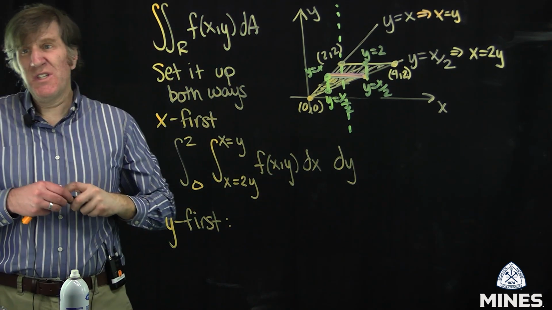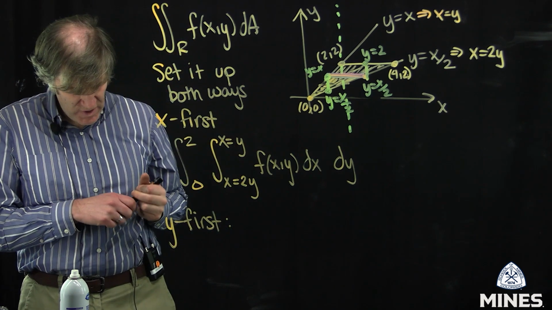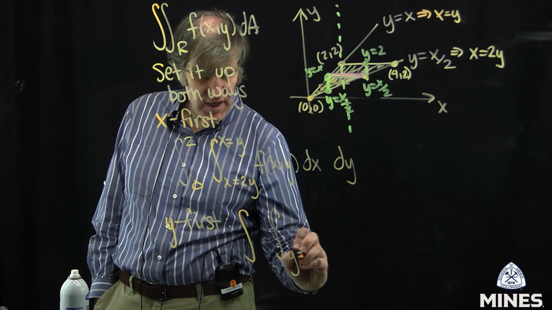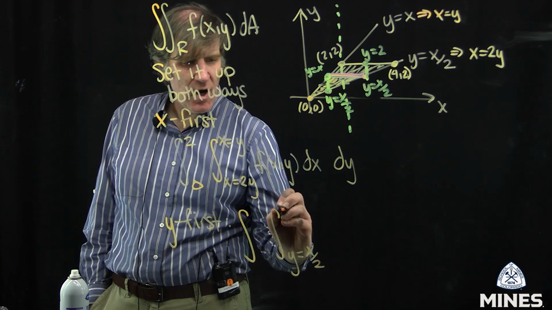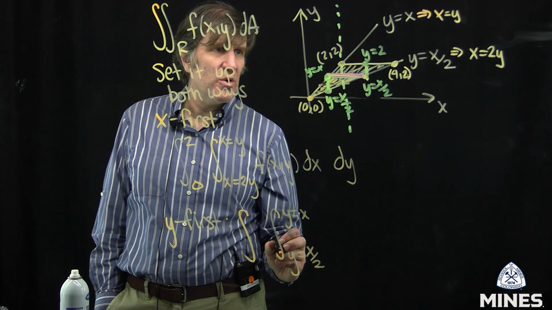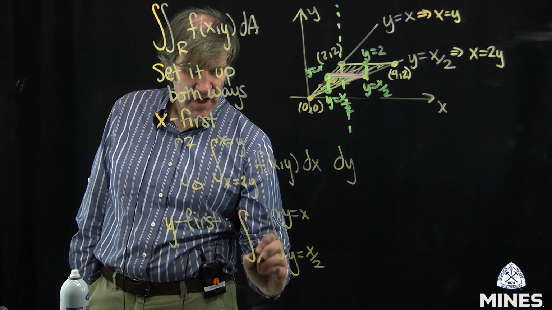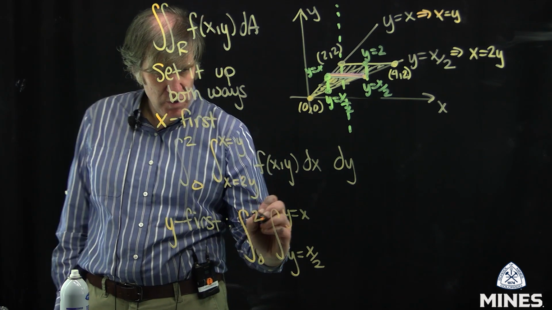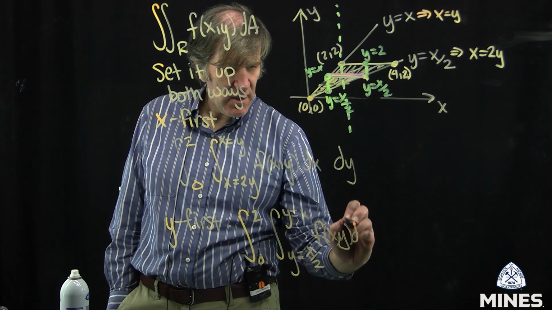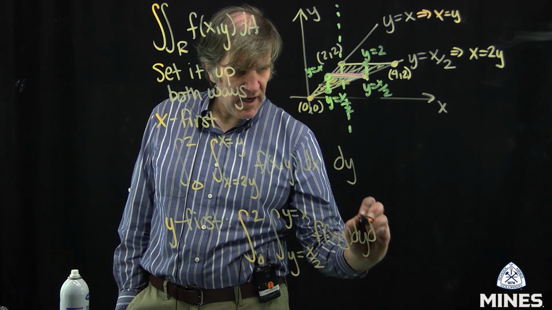And so we have to split the integral up into two integrals, and we have to do it as an integral from y equals x over 2 up to y equals x. That integral goes from x equals 0 to 2 of f of x y dy dx.